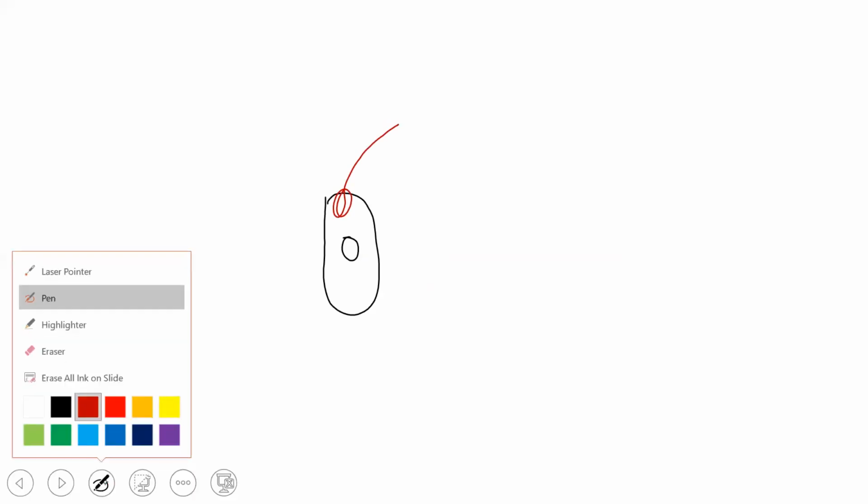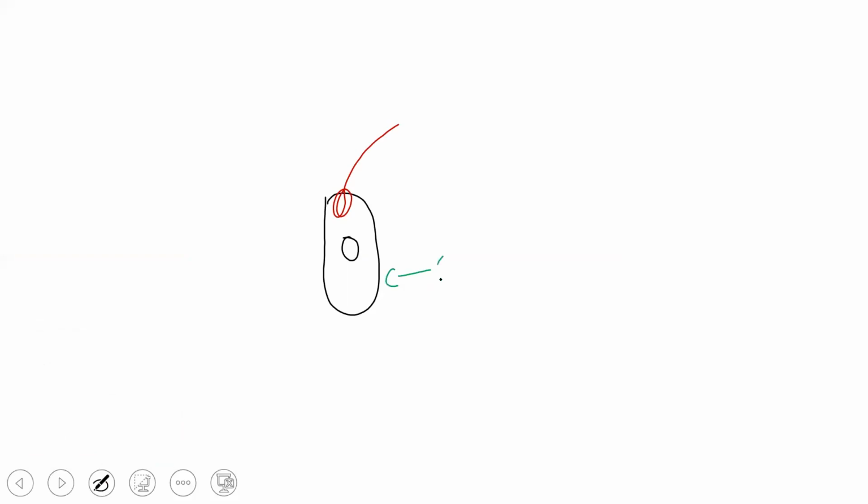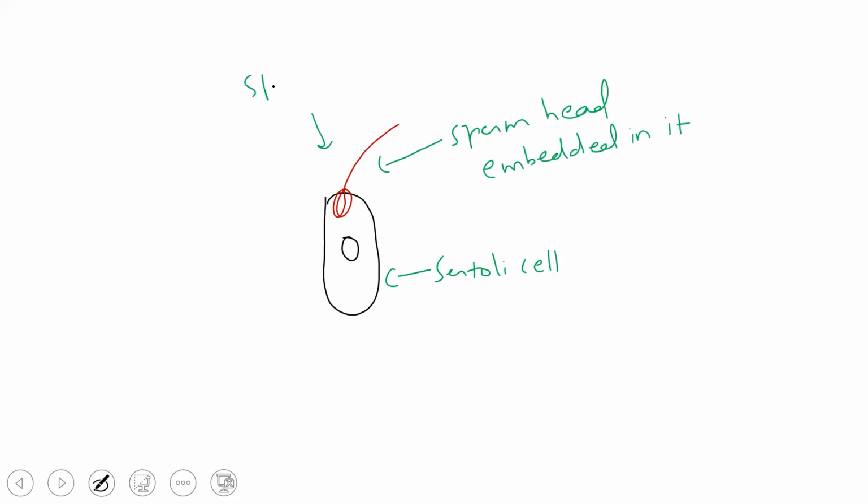Then the sperm head will be embedded in it, as it provides nutrition. So this is the Sertoli cell, and this is the sperm head embedded in it. So what you see is the sperm. Got it?